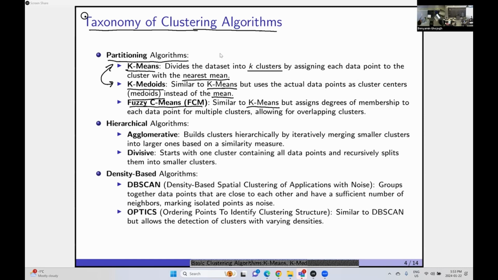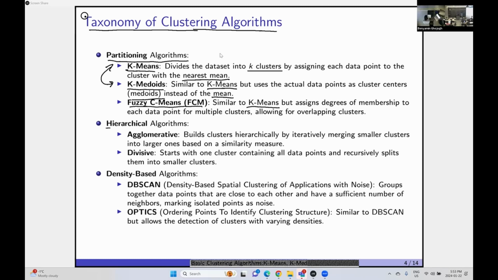It says, no, 70% it belongs to cluster 1, 20% to cluster 2, and 10% to cluster 3. Do you agree? So it gives a percentage of belonging to different clusters. So you can see K-means as a special case of fuzzy C-means where we say 100% it belongs to this cluster, right?